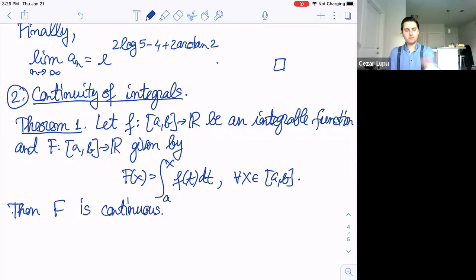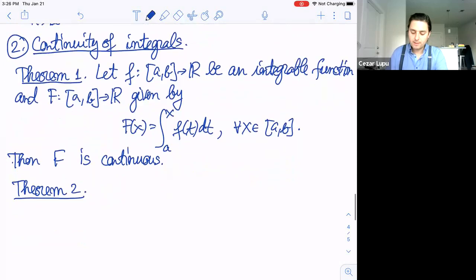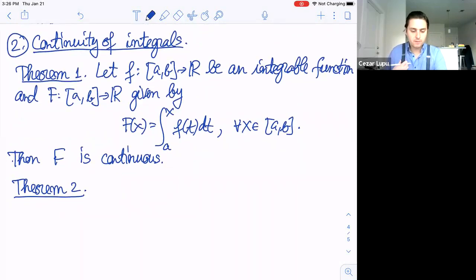So that's what you have to know. Once I have this integral from a to x, basically the antiderivative is continuous provided that f is integrable. Now the second theorem will tell you exactly how this is related to the initial function.